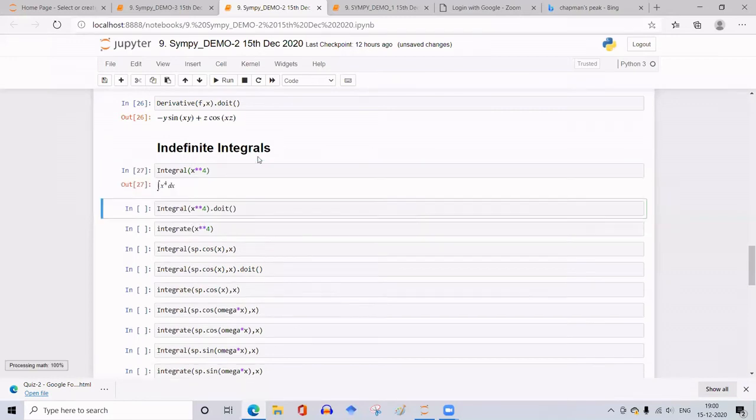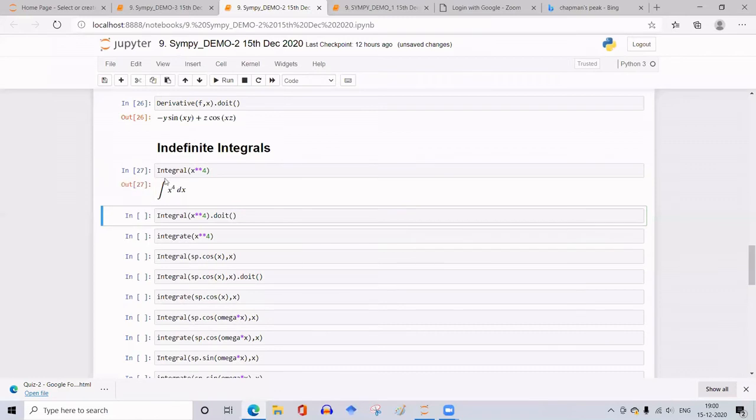If I run this cell, you find the symbol for integration, then x power 4 dx. That is obtained by using this function Integral with capital I.